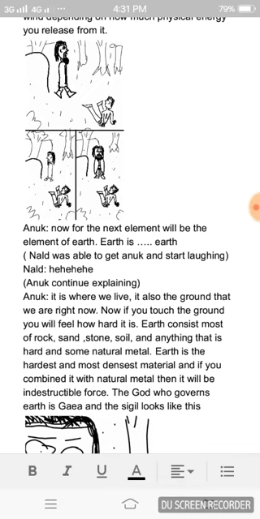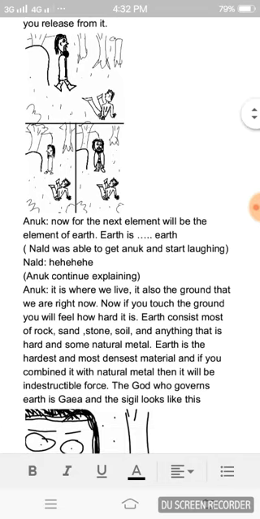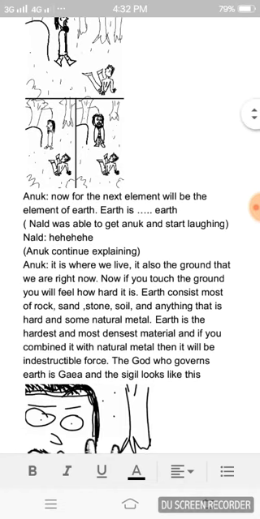Now the next element will be the element of earth. Earth is earth. Anuc continued explaining, "It is where we live. It is also the ground that we are on right now.